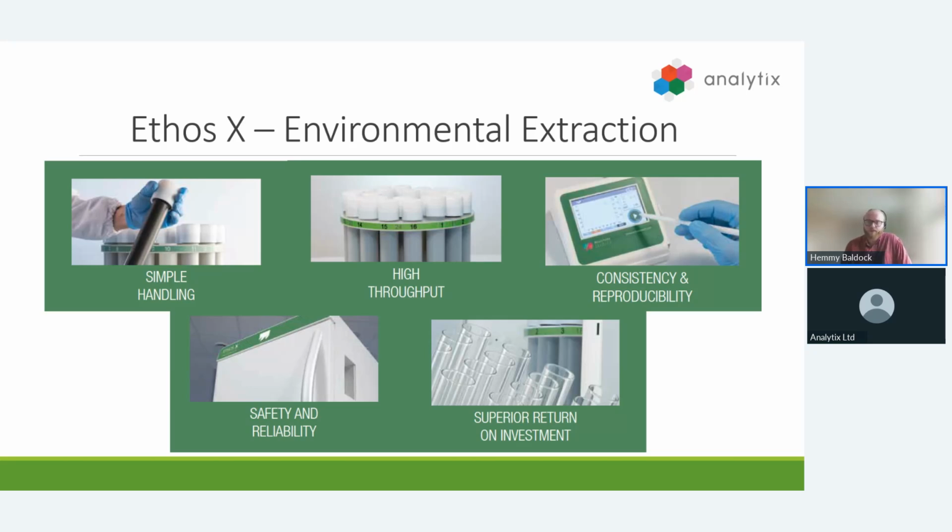The system has great temperature homogeneity through a unique vessel design. This, coupled with the contactless temperature control across all vessels, provides consistent and reproducible data. The Ethos X system has low running costs and minimum solvent usage, offering you a great return on investment.